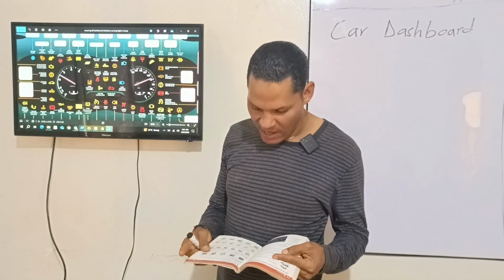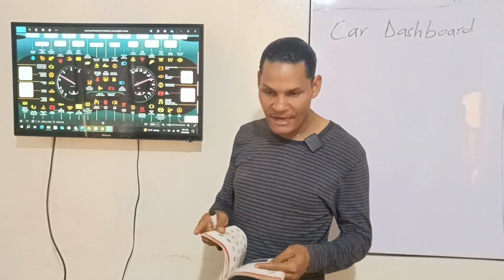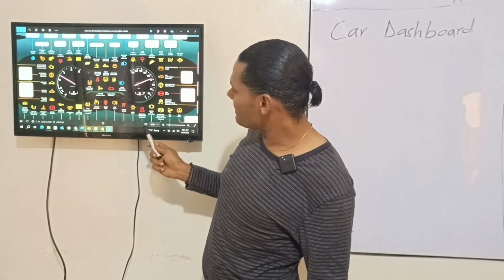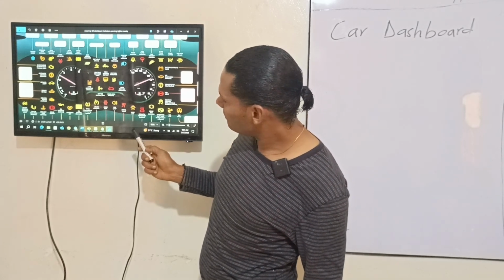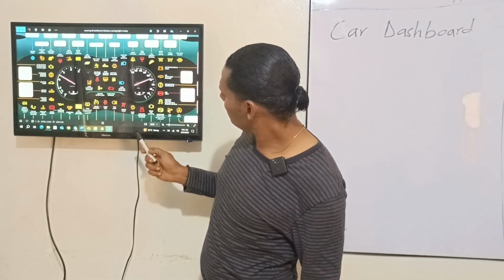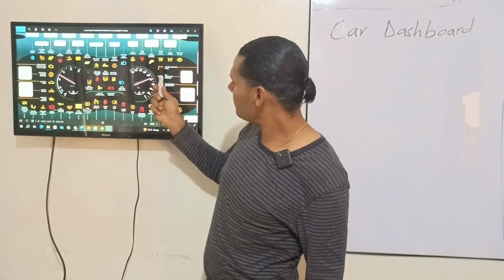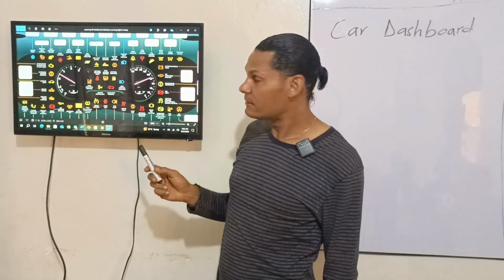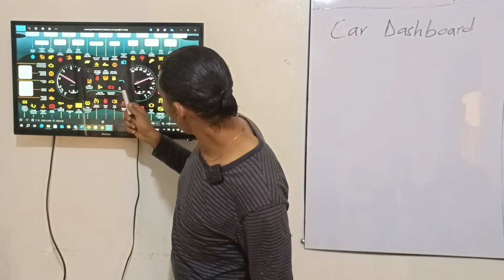The next one here is the battery charging indicator. This one is actually yellow, but we're talking about the red one.